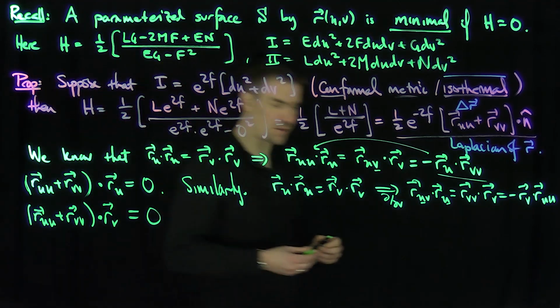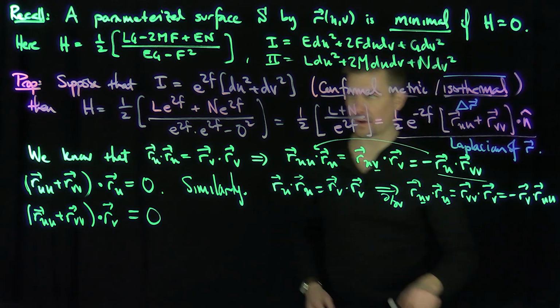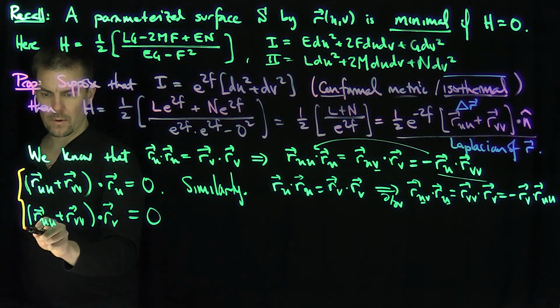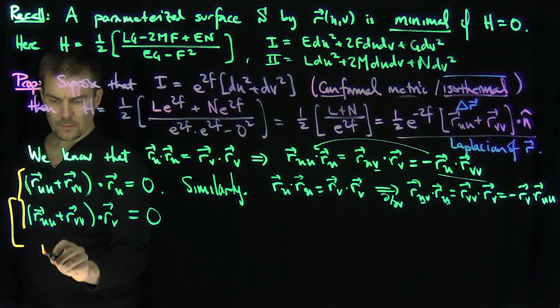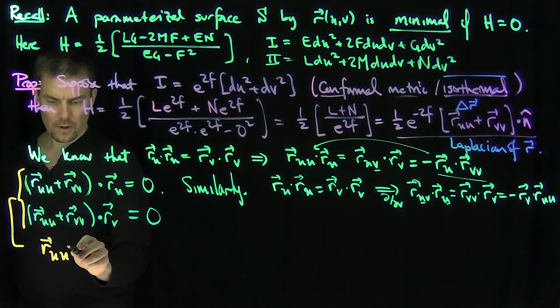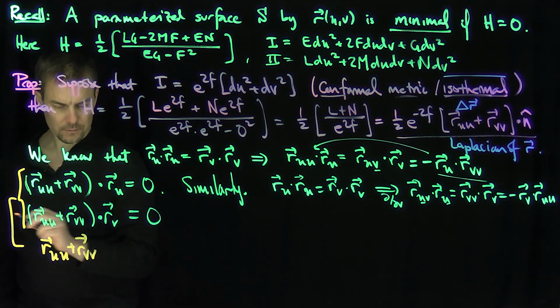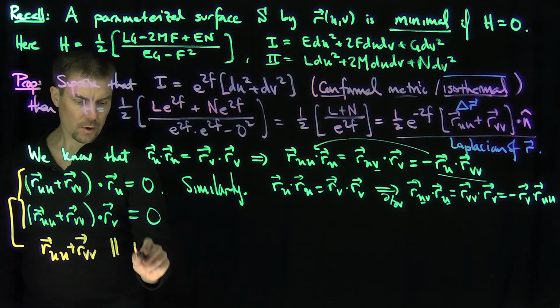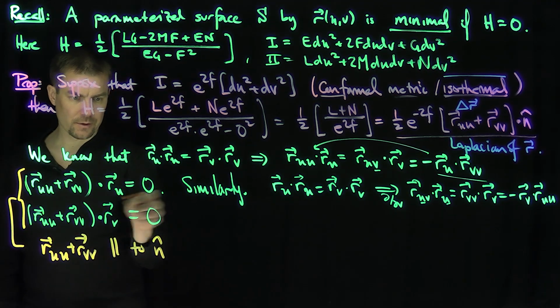Now let's think about what these equations tell me together. These two equations tell me that R_UU plus R_VV is parallel to n hat, because it's perpendicular to the tangent space.